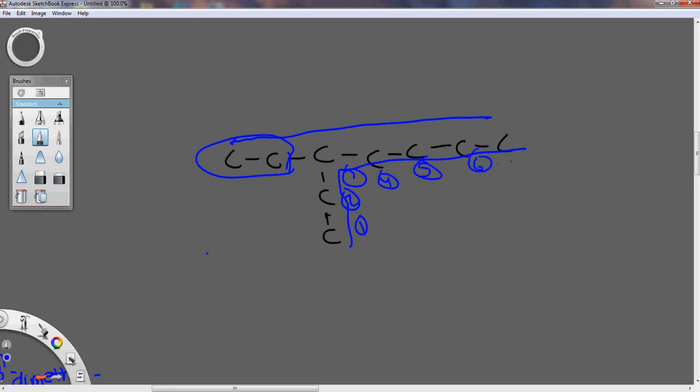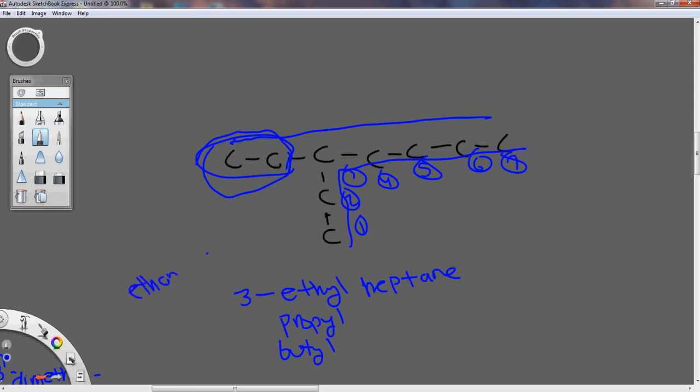So what would this be called? This is called 3-ethylheptane. This is what I'll be showing you guys next video when branches are even longer, and they'll go from propyl to butyl. They match their main chain names like ethane, propane, and butane.